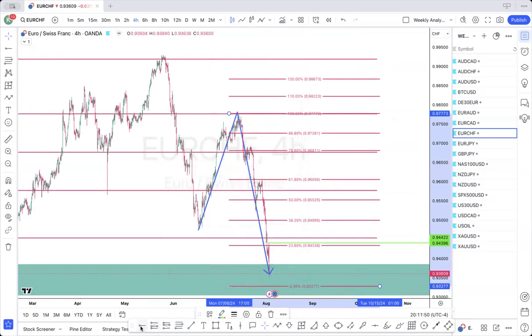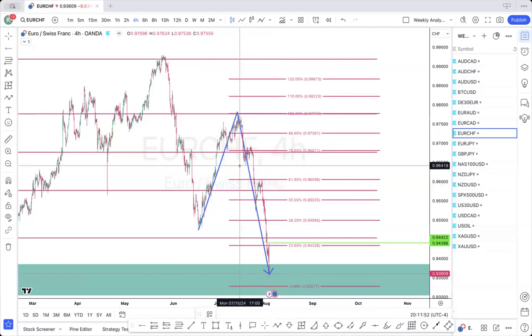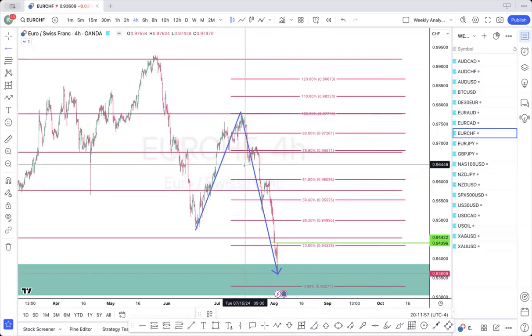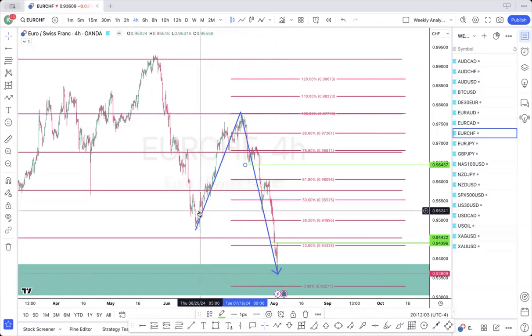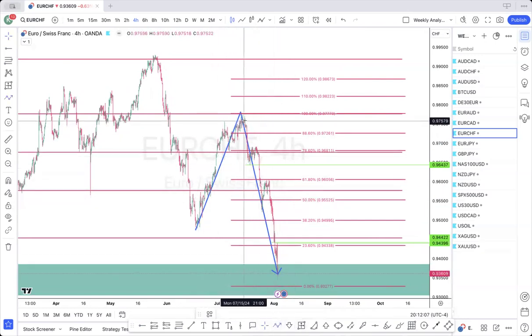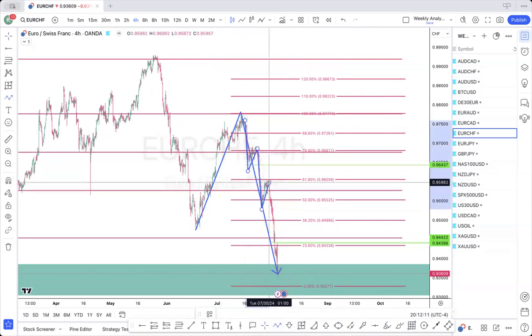Just look at your price action, which is this here. This was a swing here, right? So within this higher time frame swing, you have these internal swings. Okay.